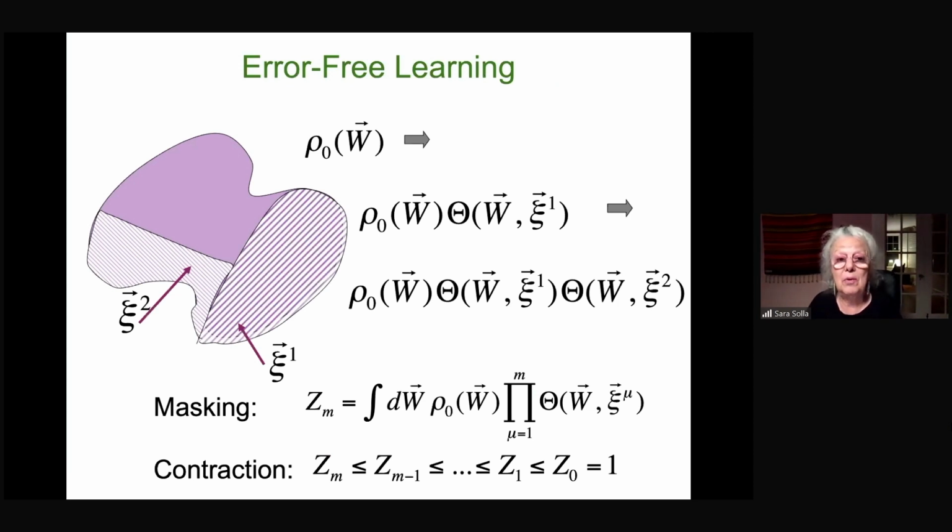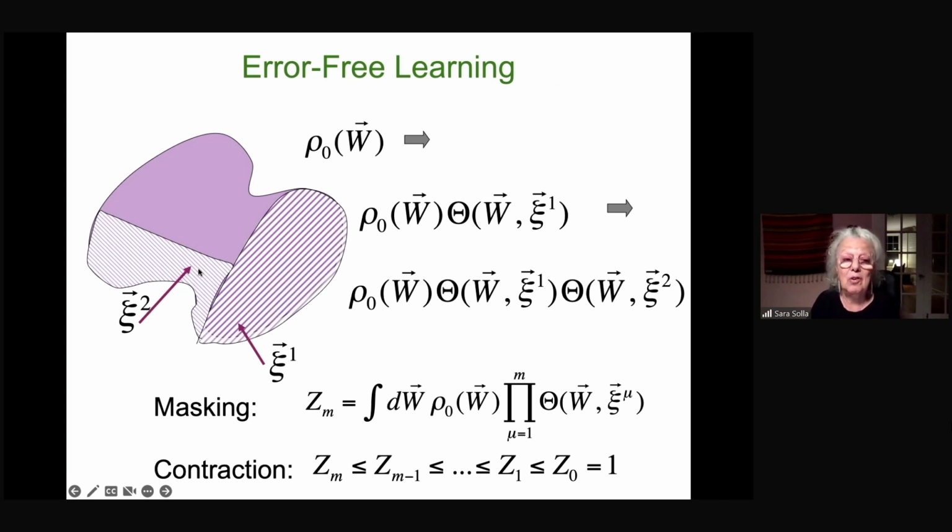So essentially what we do is we start with this W space in which there was a rho 0 of W. And then after the first example comes in, rho 0 of W is multiplied by this masking function, theta W xi1. So let's say that all these are eliminated because they violated the condition imposed by the first example. So I'm left with the rest.